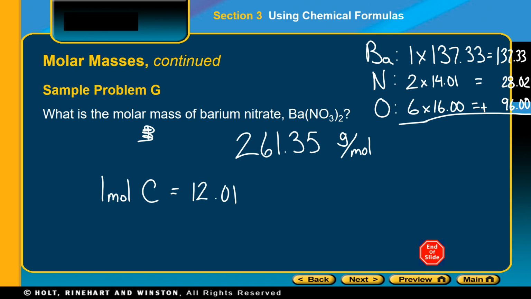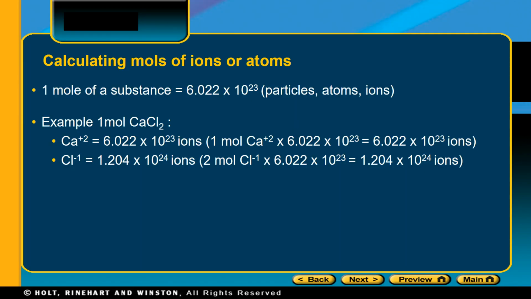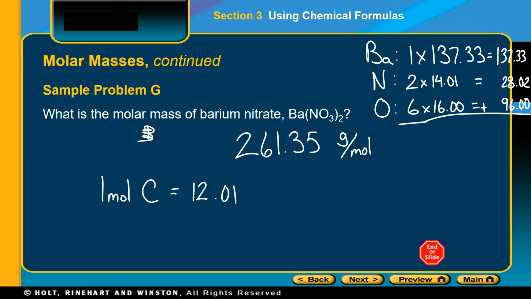Now, the next thing that we're going to have to describe is what is a mole. So 1 mole of carbon is 12.01 grams, but that also tells us a certain number of atoms.